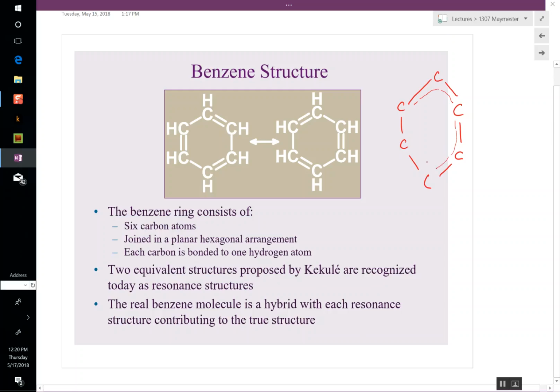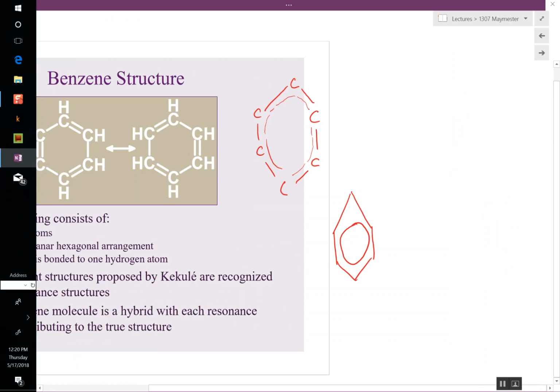And this other double bond down here is delocalized around in there. So really, the way we draw this is we just draw a circle in there, instead of this, we can just draw a circle inside the ring. So that's benzene.